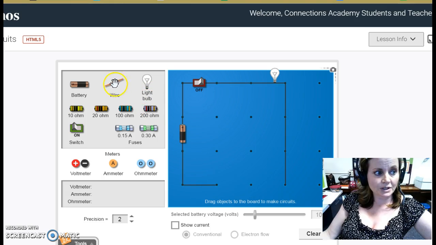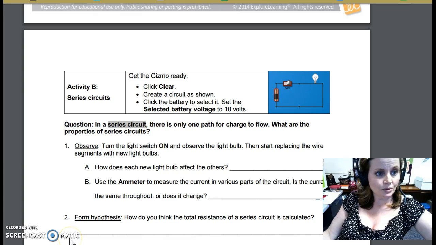These are pretty easy to put together. Just click and drag and click and drag. Alright. Now I'm going to compare this to the one that I was supposed to do. Looks pretty close. Mine's a little bit more square, but I'm all good with that.